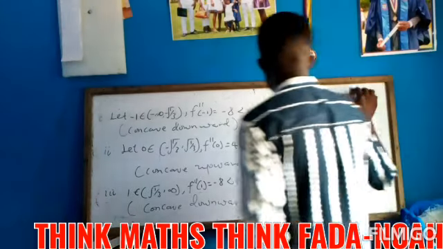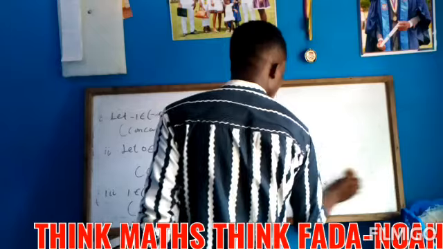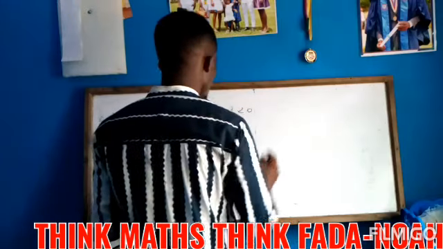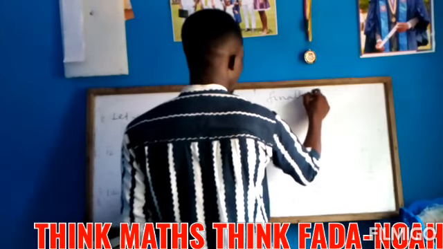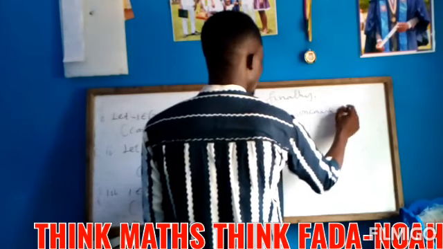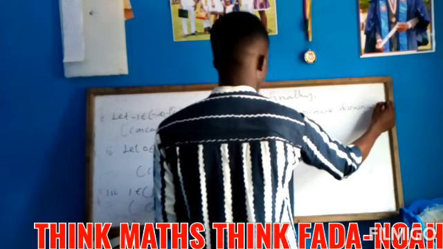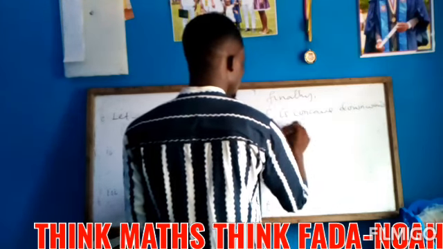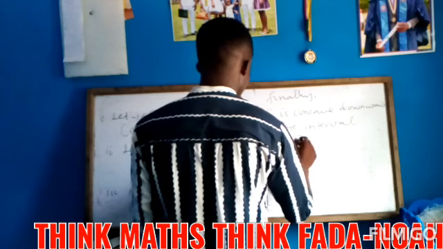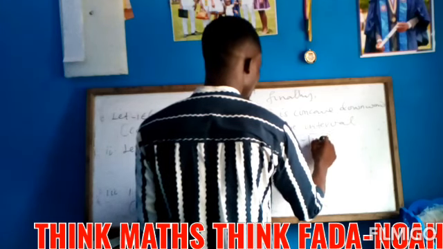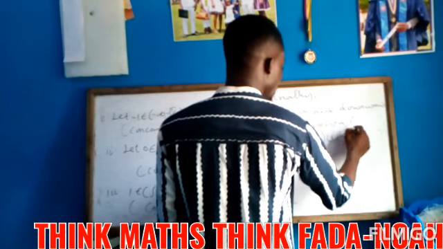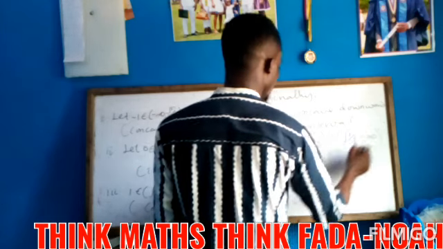So let's look at something. So we say that finally, f is concave downward on the interval minus infinity to minus root 1 over 3 and root 1 over 3 to positive infinity.